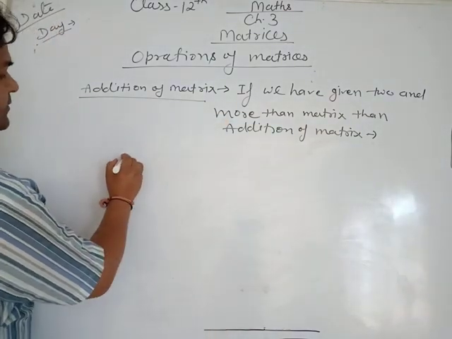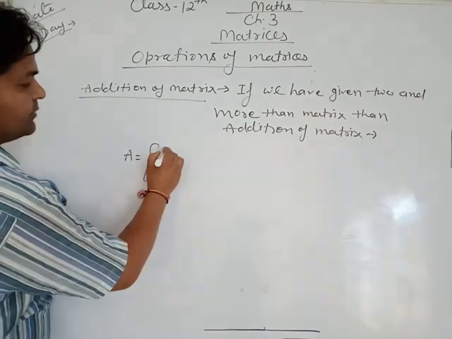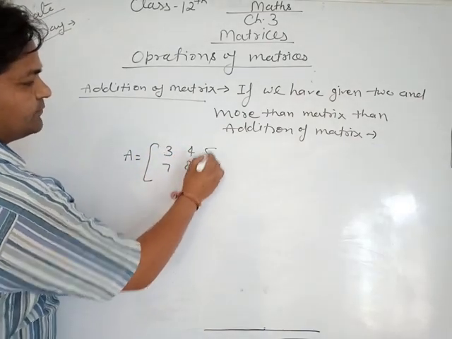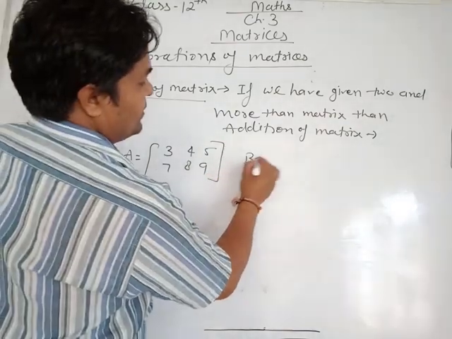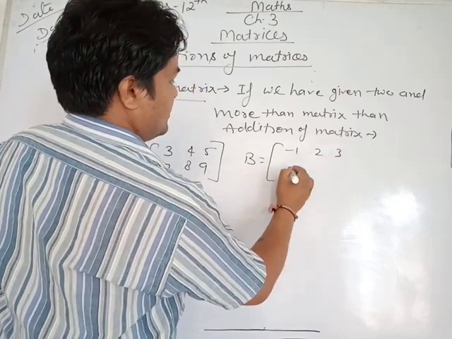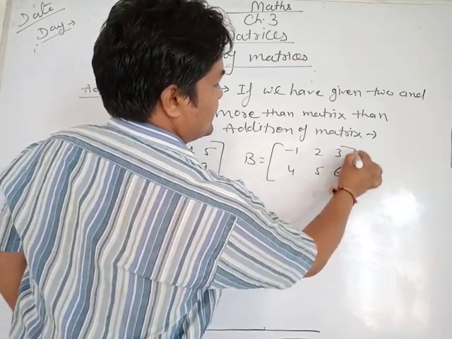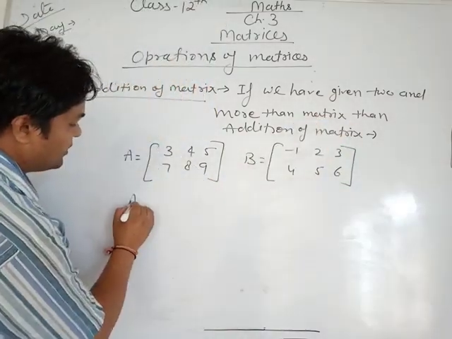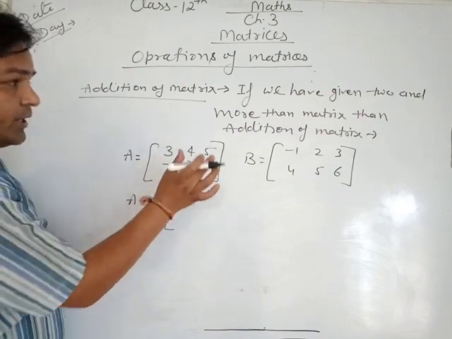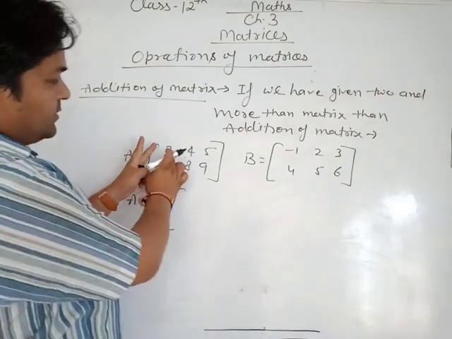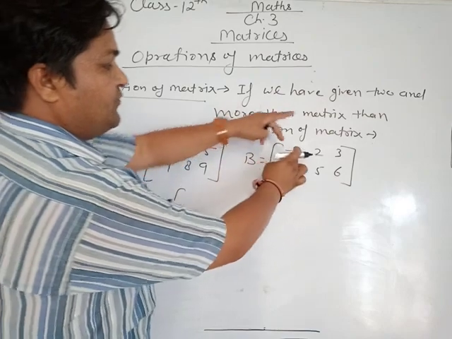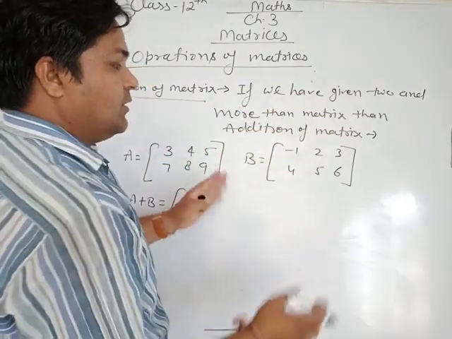If we have given a matrix A: 3, 4, 5, 7, 8, 9, and the second matrix B given: -1, 2, 3, 4, 5 and 6. So now A plus B equals the sum of corresponding elements. It means the first element of this matrix and the first element of this matrix we are adding.